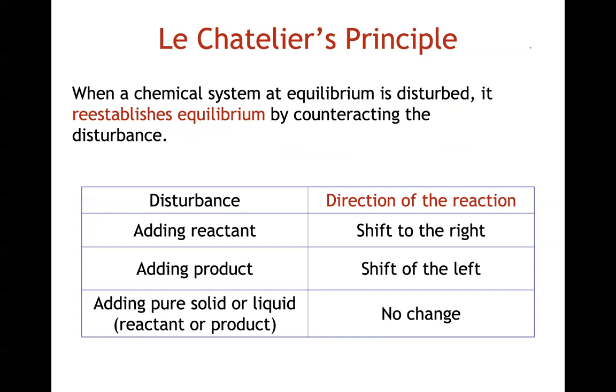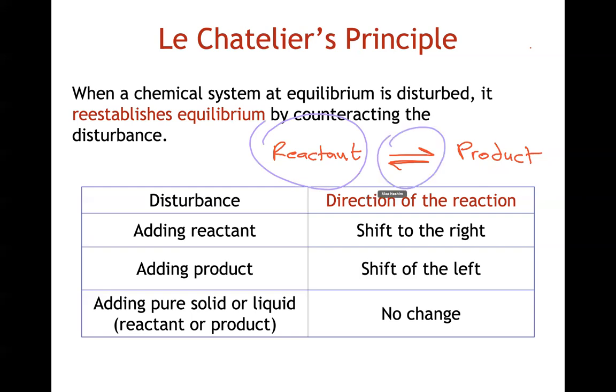So what happens if we add more reactants, right? If we have a reaction that's already at equilibrium that is forming products, what happens if we increase the concentration of the reactant? We just disrupted this equilibrium. So the reaction will shift to the right in the forward direction so that more product can be formed.